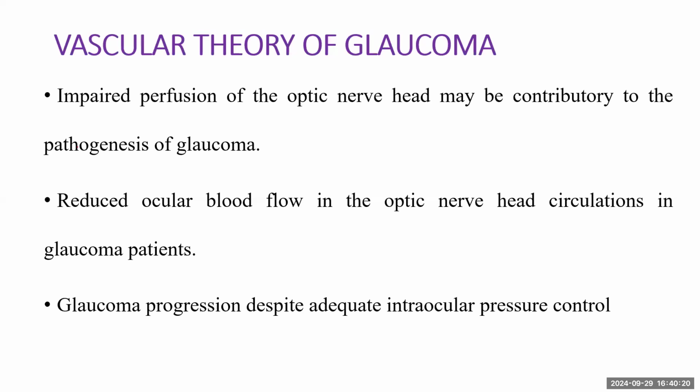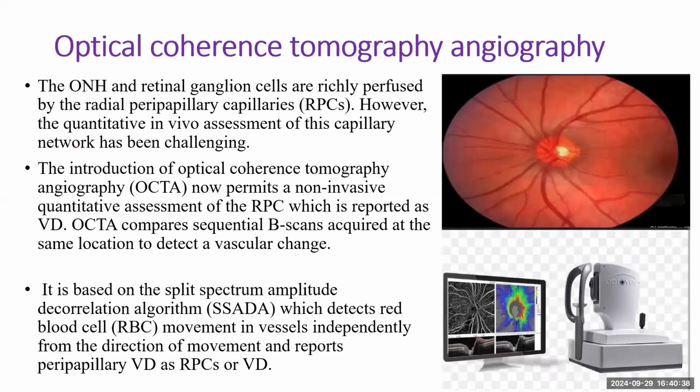And that brings the question, what else is contributing if not pressure? So this makes room to believe and to investigate the vascular theory of glaucoma and see if that holds true.